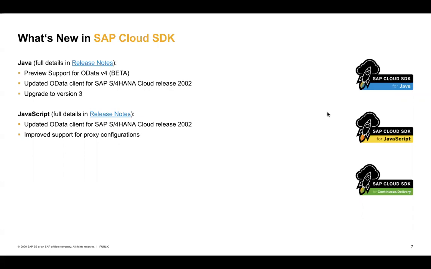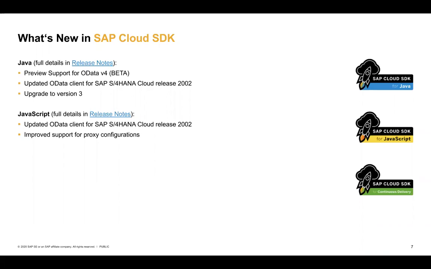And here again, I want to encourage all of you that are still using the Cloud SDK for Java version 2 to upgrade to version 3, because version 2 runs end of life soon, and we'll stop providing updates for version 2. On the JavaScript side, we also worked a lot on improving the proxy configuration support.